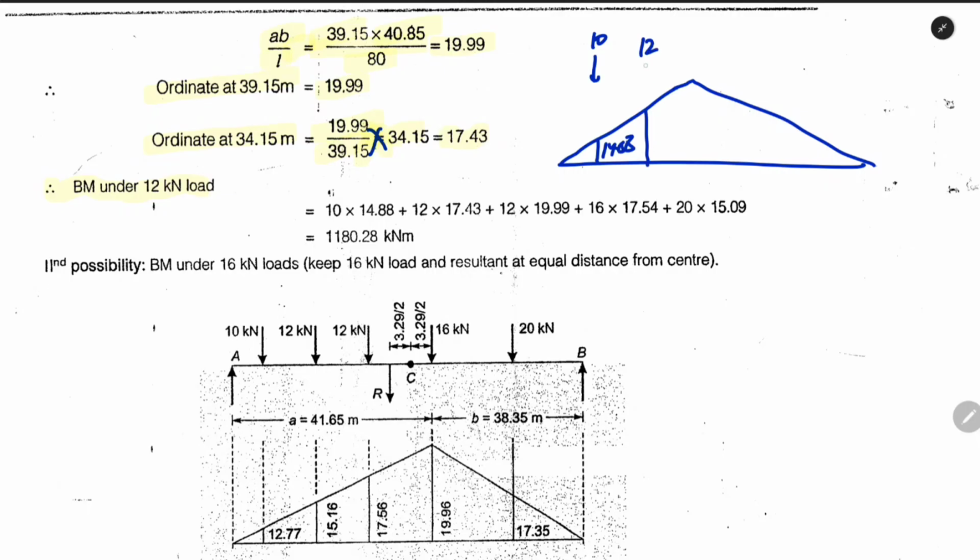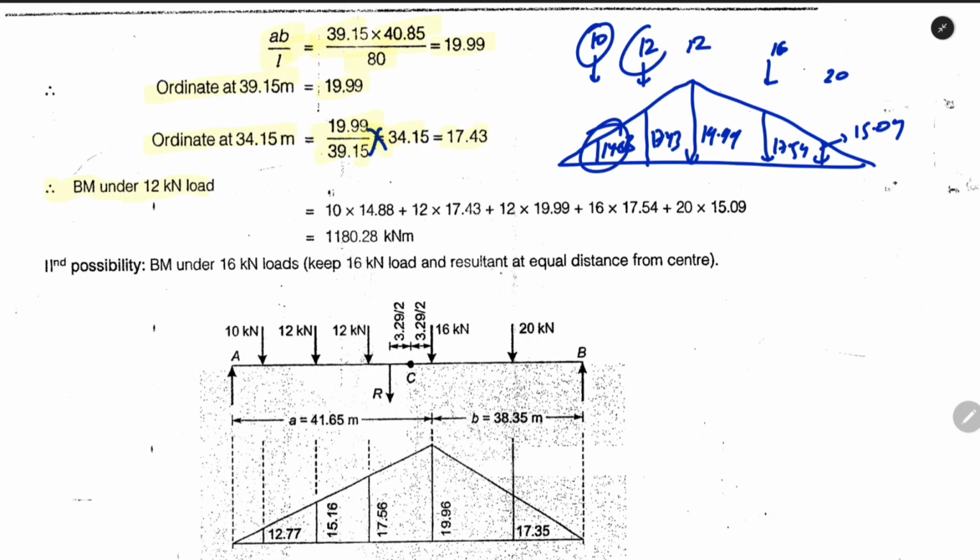Then under the 12 kilonewton load the value was 17.43, and again for the 12 kilonewton load the value was 19.99, then for this it will be 17.54 for 16 kilonewton, and for 20 kilonewton it was 15.09. So what we will do: 10 into this, 12 into this, addition, 12 into this, addition, 16 into this, addition, 20 into this, addition, and this will give us the bending moment under the 12 kilonewton load.